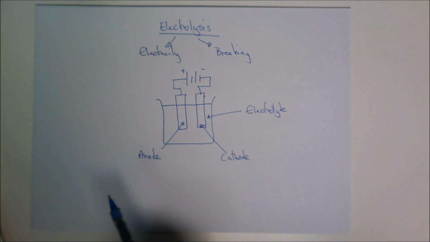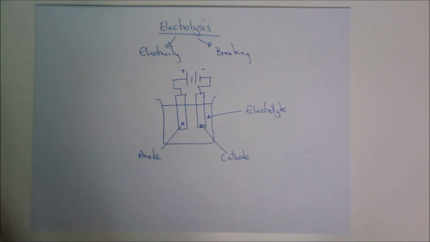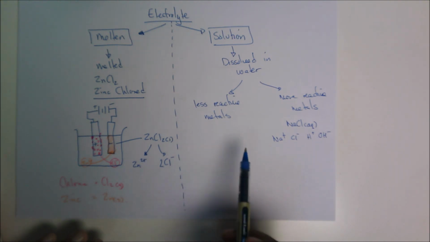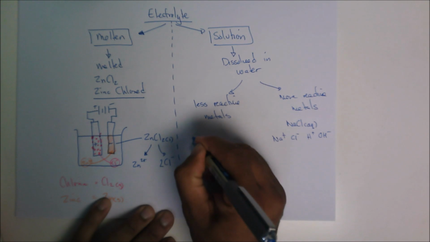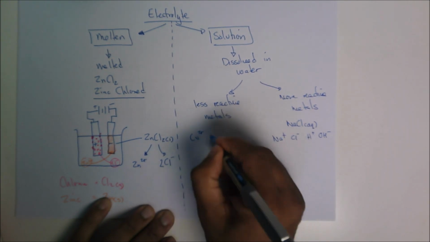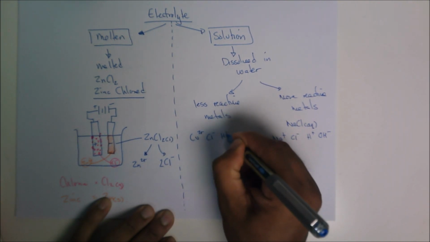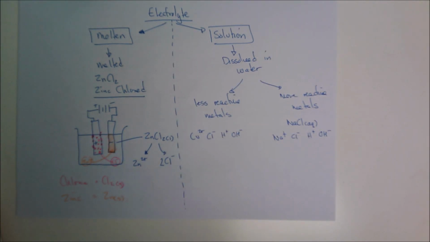And then what you need to start thinking about is what you are going to separate, so the substance itself. It's more complex than just looking at a molten substance. Now, if it's a less reactive metal, say you've got copper chloride, you'll get Cu2+, Cl-, H+, and OH-, because it's an aqueous solution.